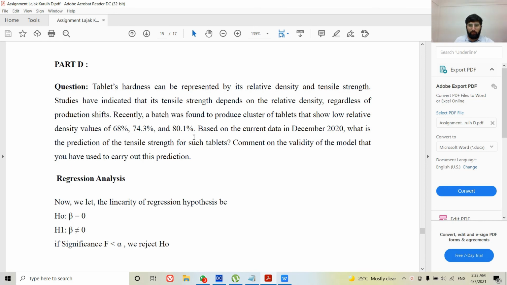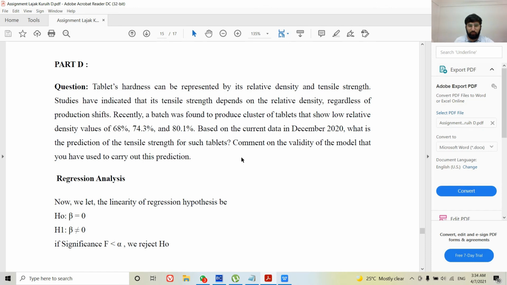Here's the question: based on the current data in December 2020, what is the prediction of the tensile strength for such tablets? So here we are asked to comment on the validity of the model that you have used to carry out this prediction.